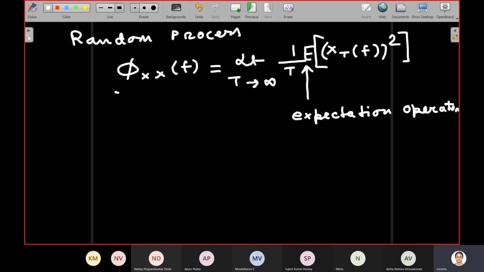So this is the generic definition of the power spectral density.